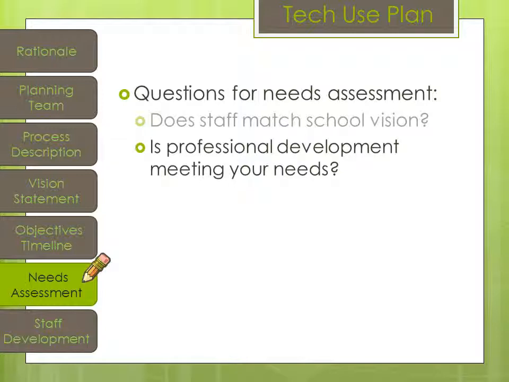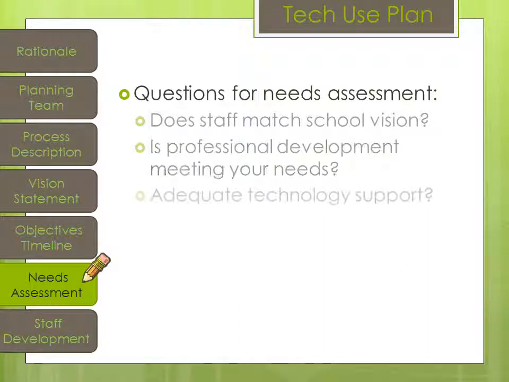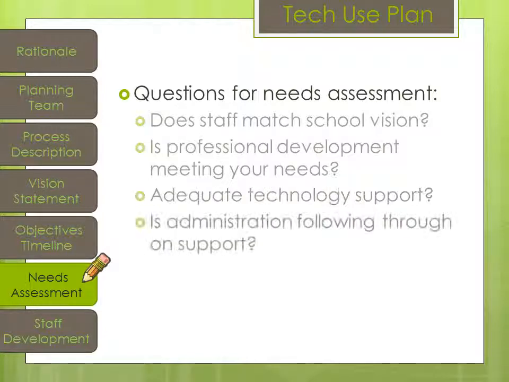Is professional development meeting the needs for training and matching your school vision? Is there adequate technology support for infrastructure and timely support for software and hardware concerns? Is administration acting in a fair, reasonable, and timely manner in notification and implementation of technology set forth in your yearly goals?